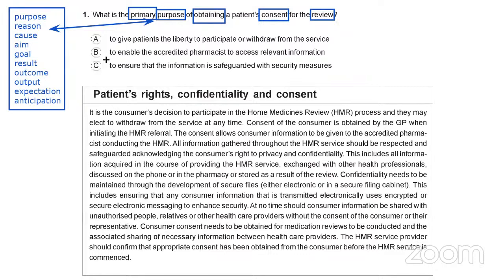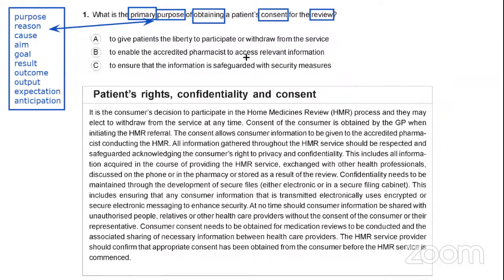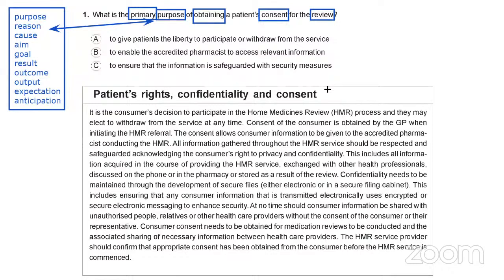Number one, to enable the accredited pharmacist to assess relevant information. The next one, to ensure that the information is safeguarded with security measures. So you have seen three things here. So three different angles.